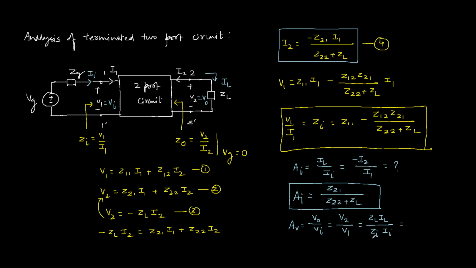So voltage gain is ZL over Zi, and IL over II is AI. So the voltage gain is simply the current gain times the load impedance divided by the input impedance. So that's how we do the analysis of a terminated two-port network.